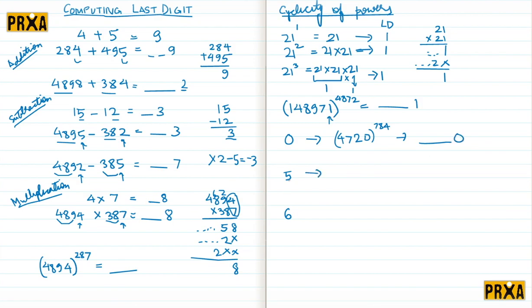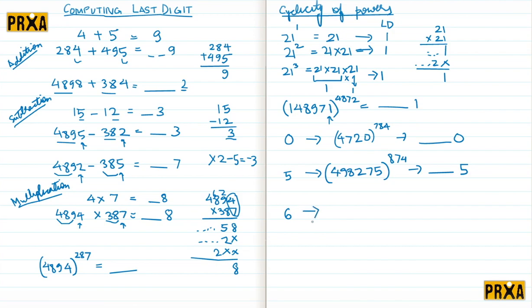Likewise, last digit 5, give any arbitrary number, 498275, give it any arbitrary power, 874, the last digit has to be 5. Yeah, look at the powers of 5: 5, 25, 125, 625, and so on. Any power of 5 would end in 5. Okay, the result would end in 5.